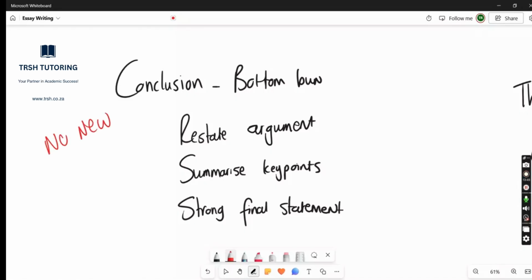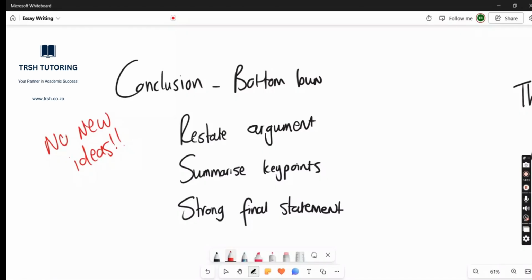No new ideas. This is very important. Don't start talking about something else. This is the conclusion. We're closing down. That is not going to work. New ideas, you leave them to the body, not the conclusion.